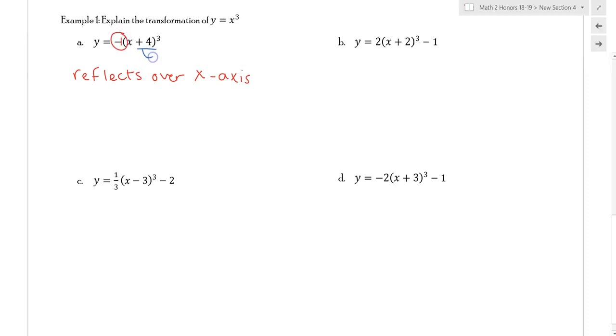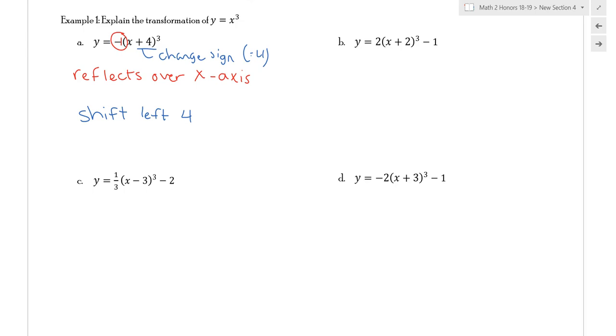And then this 4, we're going to change the sign. So that's going to shift it left 4, and it's left because that sign is negative. And that's it.